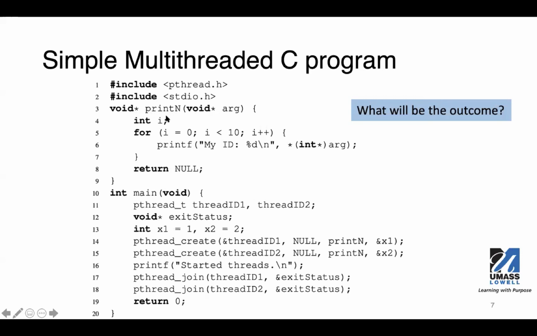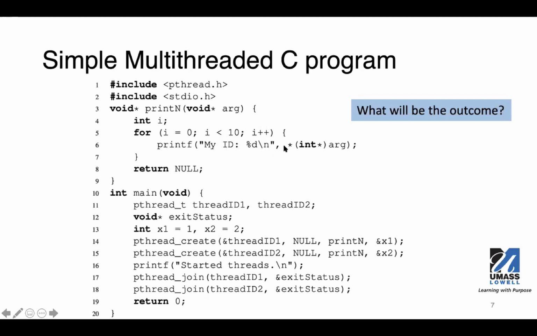Within the function, we declare a local variable i, used as a loop iteration variable. i goes from 0 to 10, so this for loop will be repeated 10 times. In each loop iteration, we print a message, myID: followed by an integer, and then a new line.